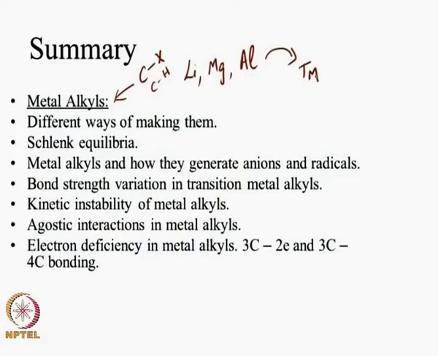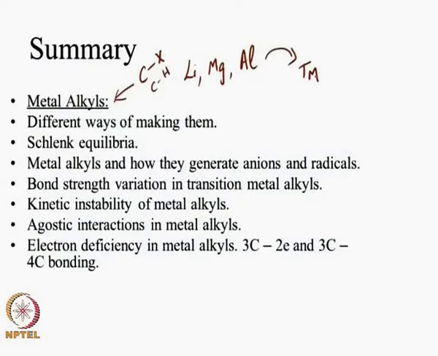Once you make them, you realize that the reactivity is dependent on the type of species they form. There are many instances where the species can be in what is called a Schlenk equilibrium. Especially in the case of Grignards, a Schlenk equilibrium changes the reactivity of the species.